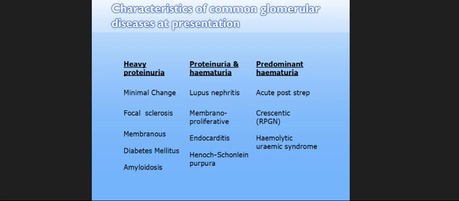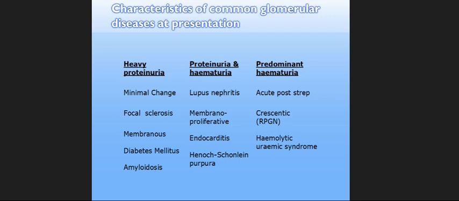We will find diabetes itself and amyloidosis. So amyloidosis, diabetes, membranous glomerulopathy, focal sclerosis, and minimal change mostly present with heavy proteinuria. But others may present with proteinuria which is not heavy, mixed with hematuria.